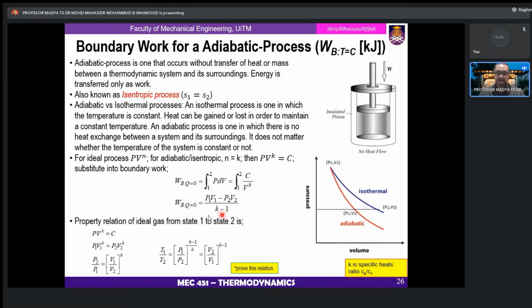This is the equation that will be used. Then for the ideal gas from state 1 to state 2, PV to the power k equals C. Since C is constant, we can put the same expression on the left and right, and it will be simplified like this.